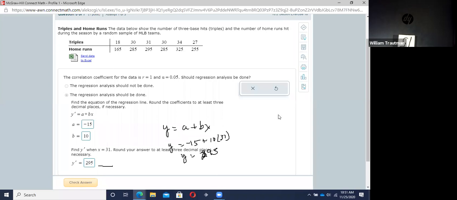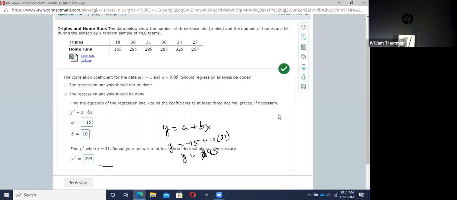And hopefully when I check my work, everything was correct. The green mark says everything was correct. So we're typing L1, L2, second calculate, scrolling down, or arrow over calculate, scrolling down to number 8 to find A and B.